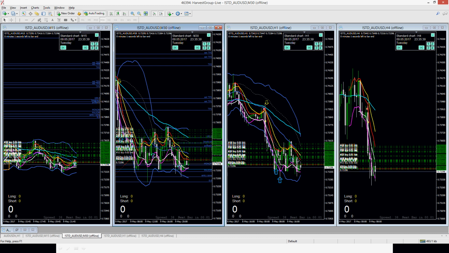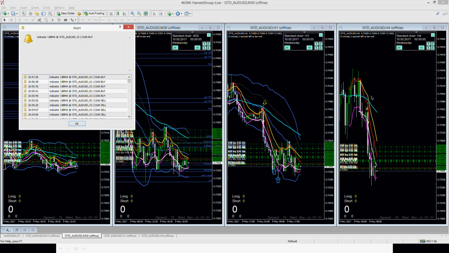There's a potential re-entry sell at H1 in the middle BB, and also a re-entry sell here at M30. For me, I would have taken TP earlier on, but let's see what happens on this particular setup, because there hasn't been any momentum as of yet. The price is already going sideways on H1.